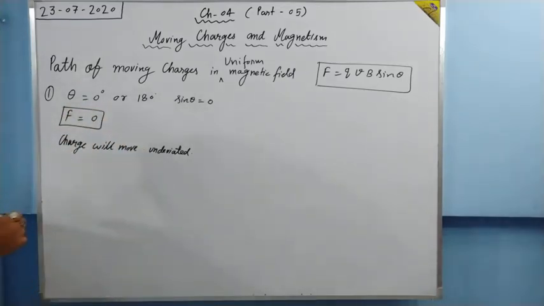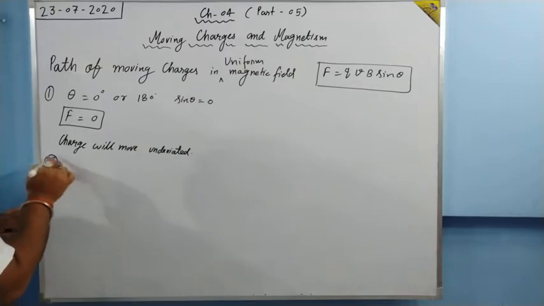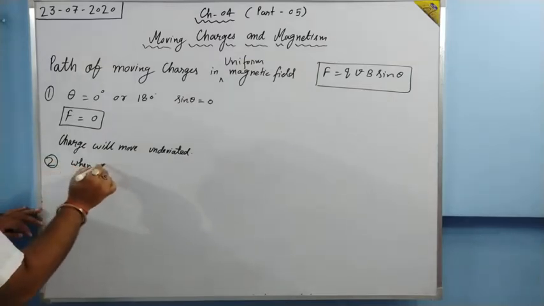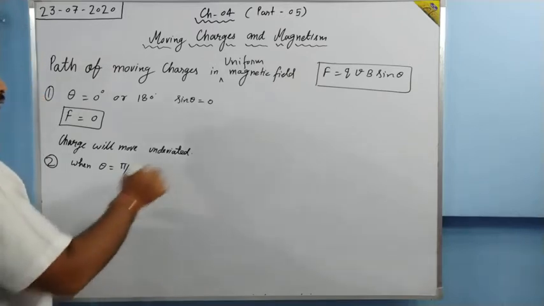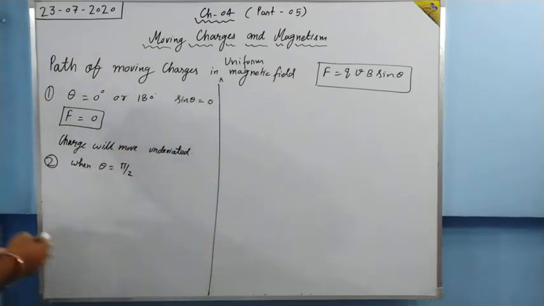The case number 2 is when theta is equal to pi by 2, or 90 degrees. So for this case, let us make a diagram to understand.